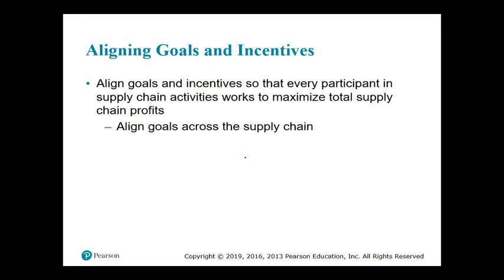One of the most important issues in supply chain coordination is how to design incentive mechanisms within the chain so that the goals are aligned.